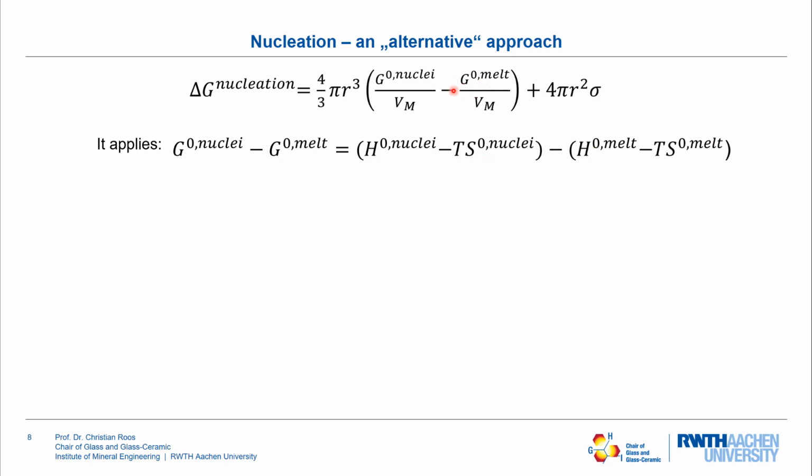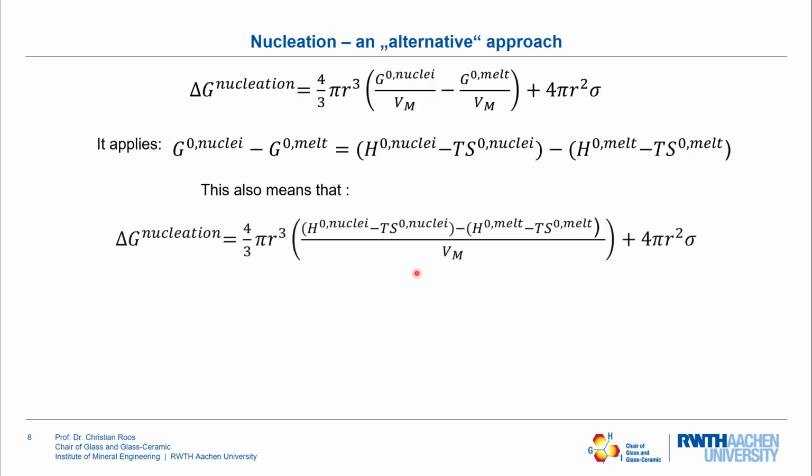And transferring that to that equation, this also means that the free enthalpy of the nucleation is the volumes times the enthalpy minus T times entropy of the nuclei minus the enthalpy of the melt minus T times entropy of the melt, divided by the molar volumes, which in our case as an approximation we consider as equal, plus the penalty for the curved area.